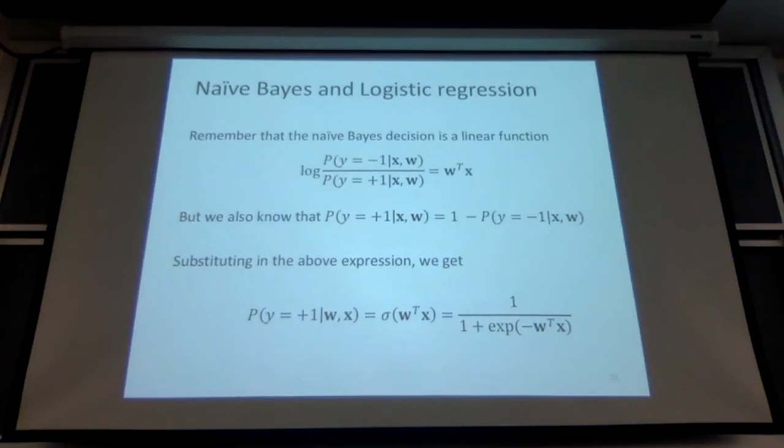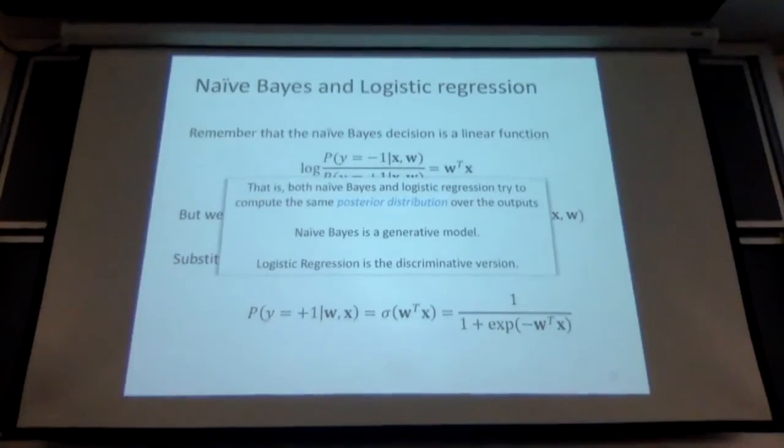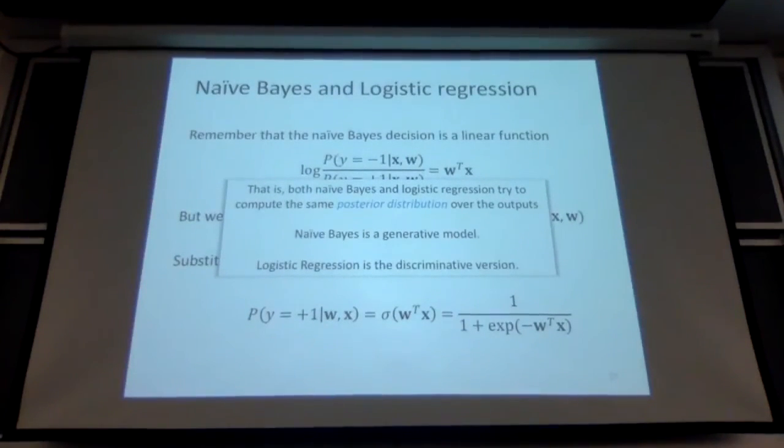They compute the same posterior distribution, but they may not be equally expressive because the naive Bayes classifier uses its capacity to do other things. The naive Bayes classifier is a generative model. Logistic regression is a discriminative model, and both these models are characterizing the same class of posterior functions, which is very interesting.